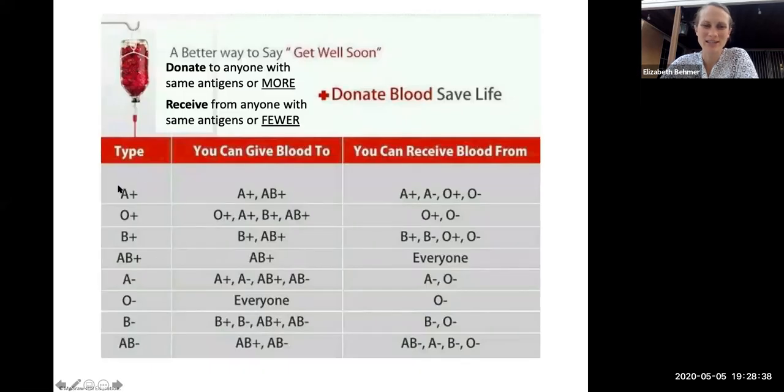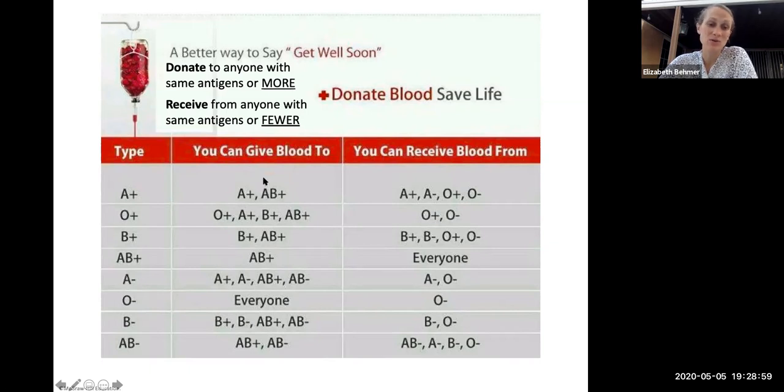Okay, so let's look at type A positive. If you're A positive, you can donate to anyone with the same antigens that you have. So you can give to A positive, or what's the only other antigen you can add to A positive? B. So you could donate to an AB positive person.